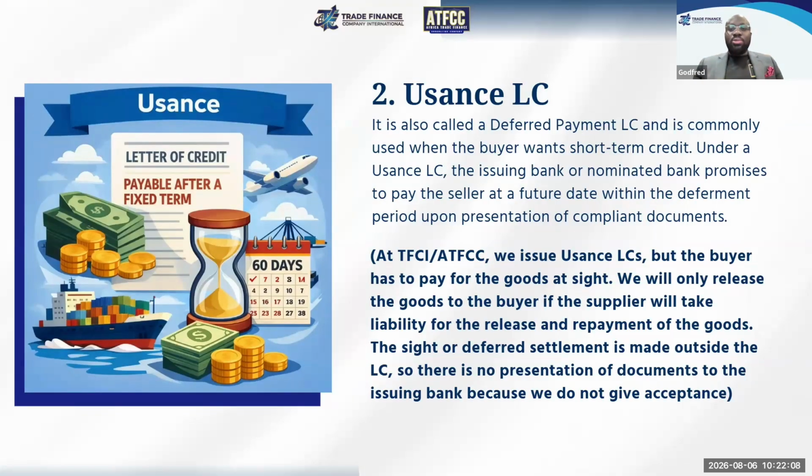However, the bank promises to make the payment, and that is binding enough. And so it gives the buyer some credit, whereby the buyer can sell the goods and raise the money within the deferment period to pay the beneficiary or the supplier.